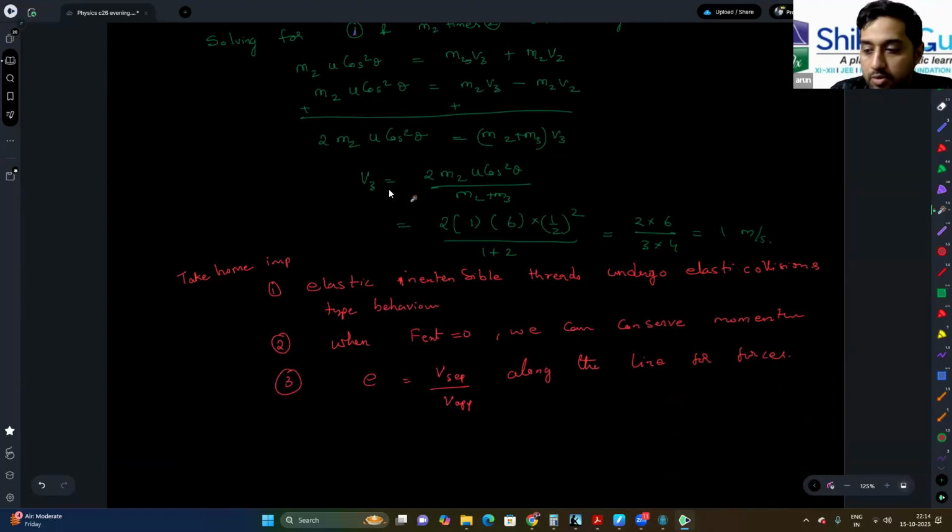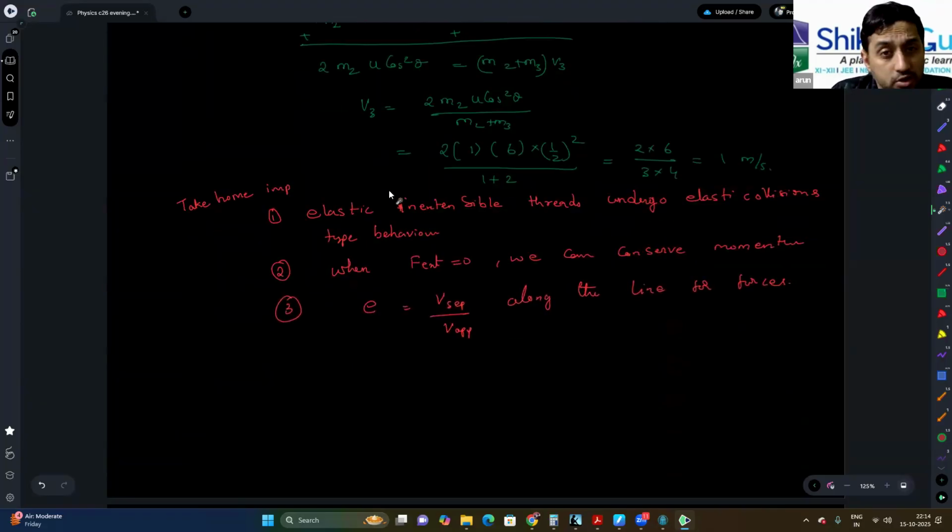Now, the most important thing: what are the take-home points of this problem? Inextensible elastic ropes can undergo elastic type collision behavior. That's what we have applied here. When external force is zero, we can conserve linear momentum, and the velocity of separation and approach equation can be used even when separation happens first and approach happens later.